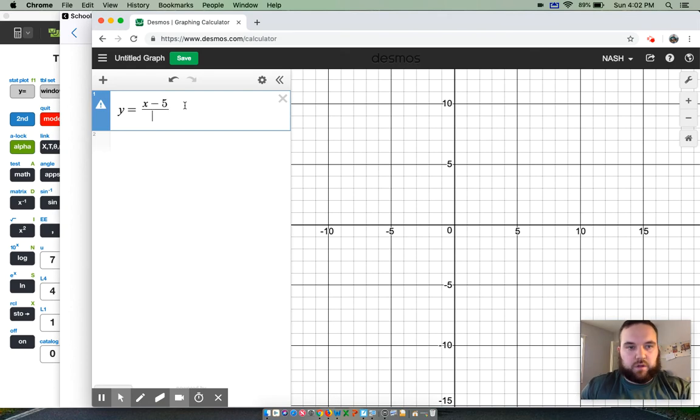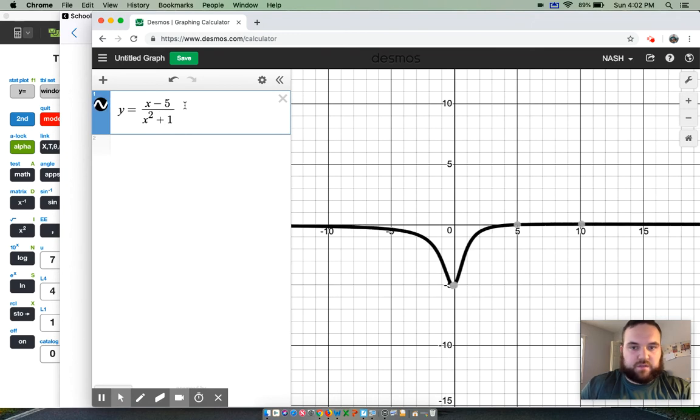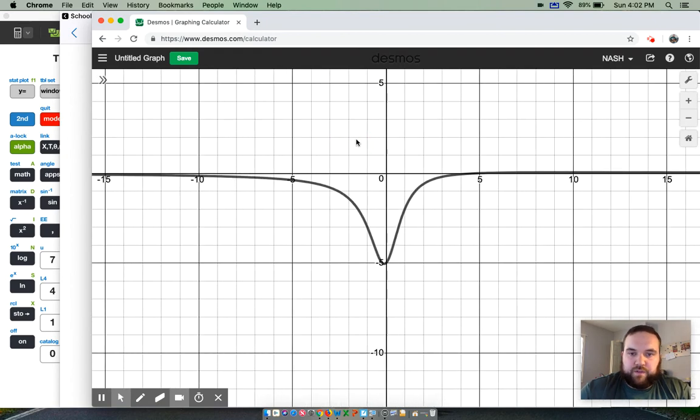This section is called rational functions. A rational function just means that there's a variable in both the top and the bottom of the function. So this one's kind of a goofy little bird-looking thing, dips down, comes back up. If we look at where the intercepts are, there's my y-intercept of (0, -5), and here's my x-intercept of (5, 0).